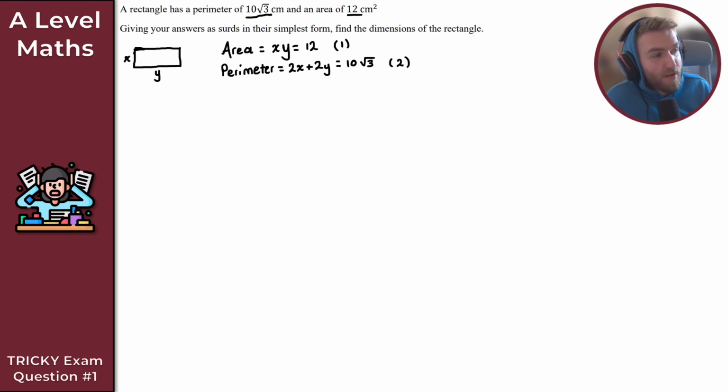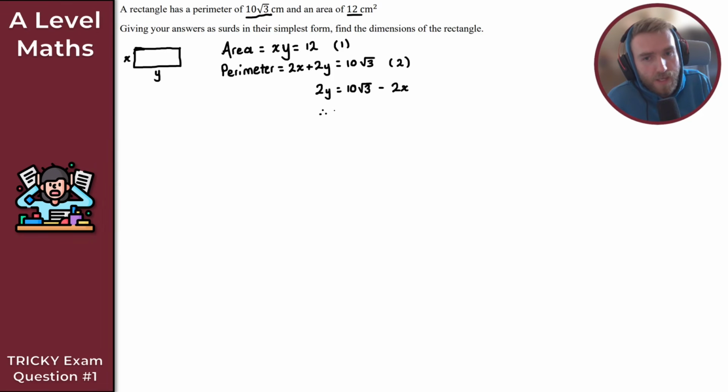So at this point again, it should be pretty straightforward. So I get 2y is equal to 10 root 3 minus 2x. And then finally, we just want y as the subject here. Just divide both sides by 2, right?